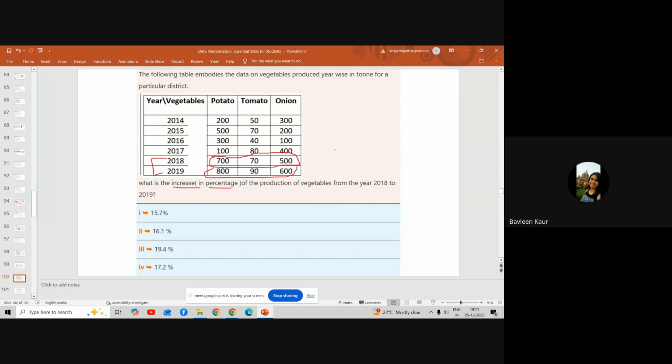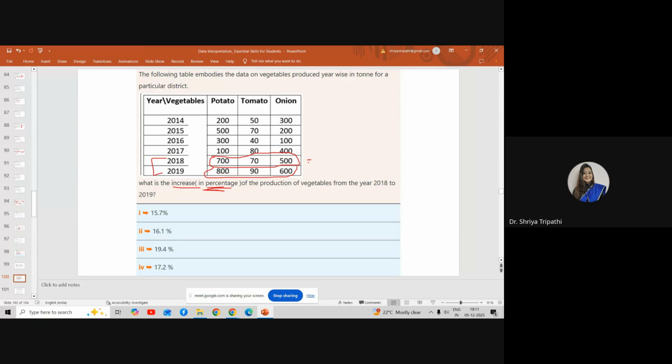Ma'am, can you verbally explain how it needs to be done? Yes, surely. What is the increase percentage? The amount increases, there's a steep rise in it, right? And percentage. So we have to form it in 100 of the production of vegetables from 2018 to 2019. Here they have not specified whether it's tomato, potato, onion, anything. So vegetable means I have to combine all this.